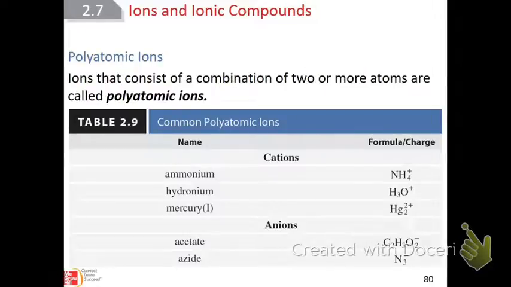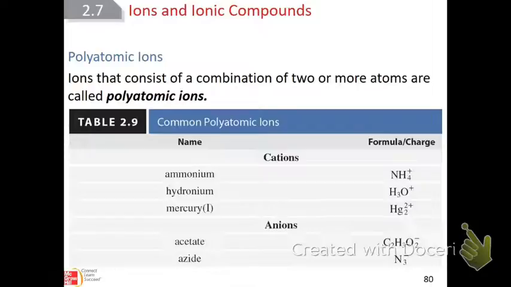And then you have these things called polyatomic ions. Polyatomic ions are exactly what it says. Poly means many atoms. Polyatomic ions are groups of atoms that are covalently or molecularly bonded together, but they're so tightly bound that they go around as a group and they cannot be separated.